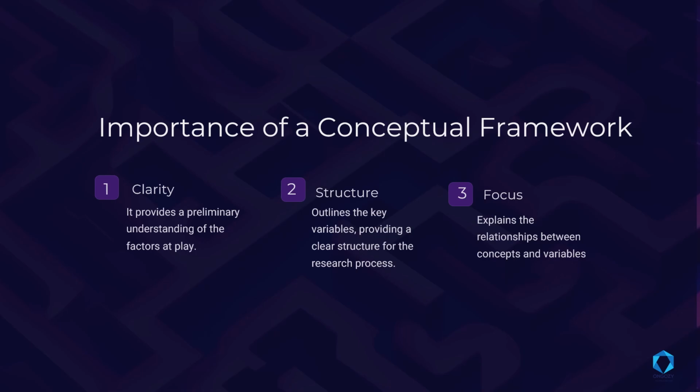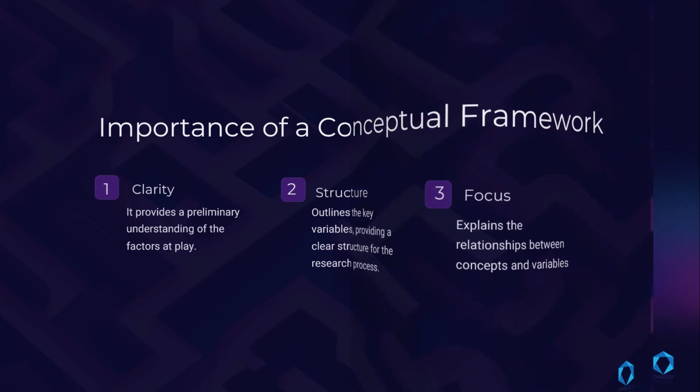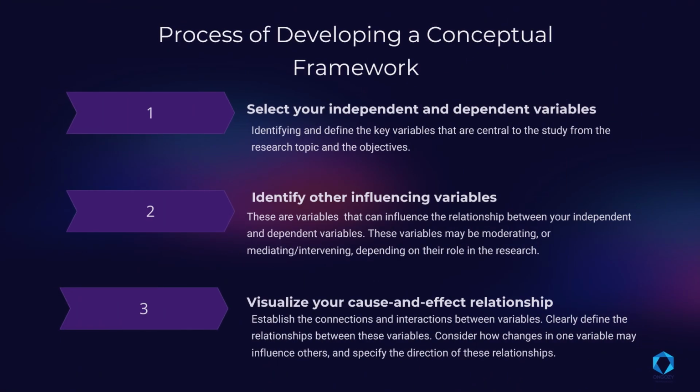So let's look at the process of developing a conceptual framework. Number one, select independent and dependent variables. Where are you getting these variables? So you identify these key variables from your research objectives and your research topic, okay? So you go to your research topic.